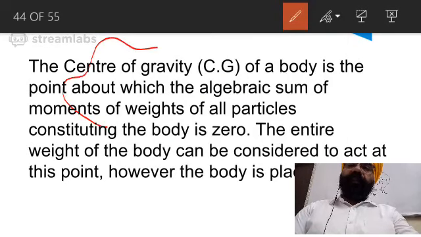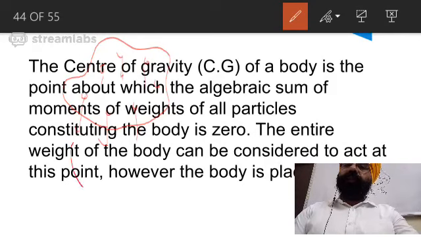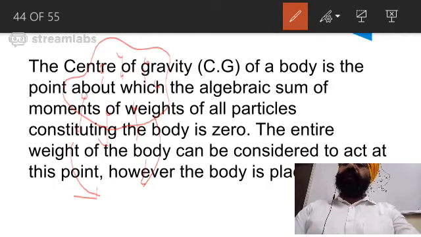I redo everything. A will generate an anti-clockwise movement this side, right? And the ones which are on the right of the screen will generate a clockwise movement this side. Got it?